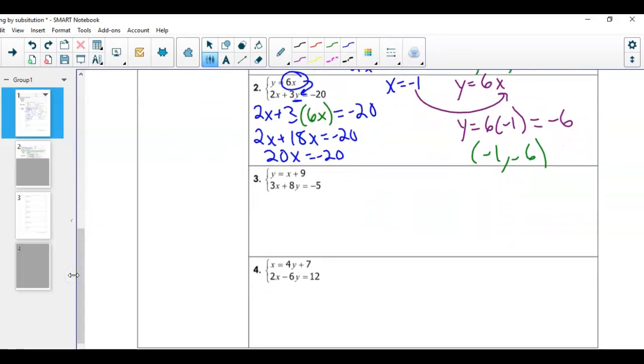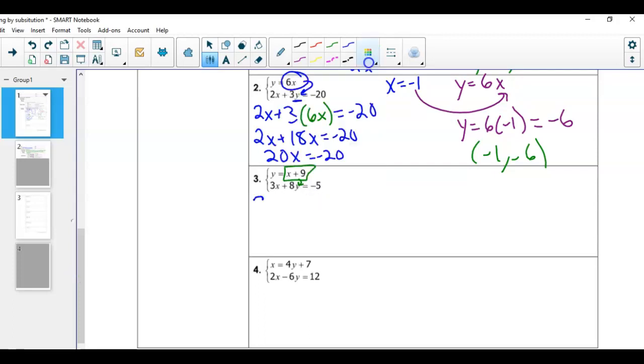Number 3 is very similar to number 2, except now this one has a whole equation. Like if we were graphing this, it would have a slope and a y-intercept. I mean, number 2 had a y-intercept, it was just 0. It wasn't listed. But this one still has a y equation by itself. So I'm going to put this equation into the other equation where I see y.